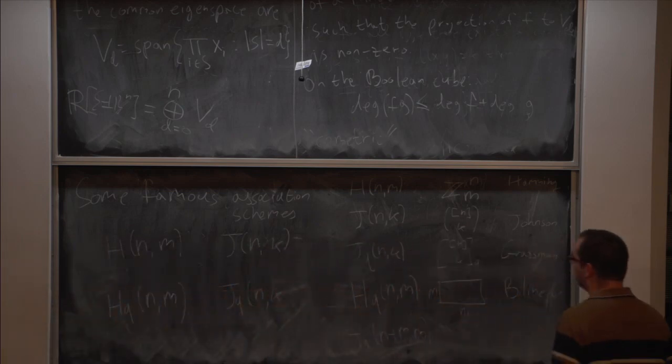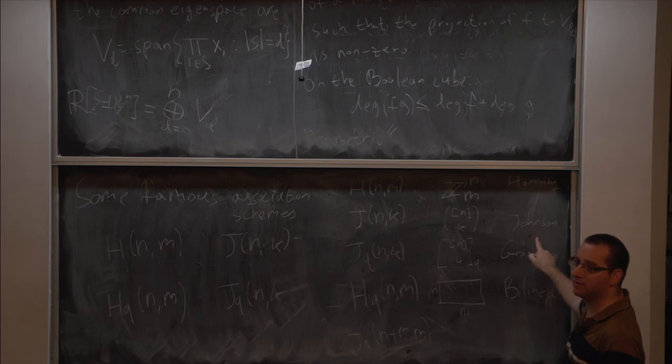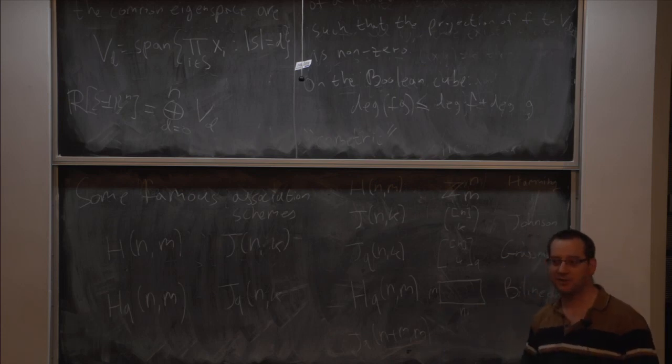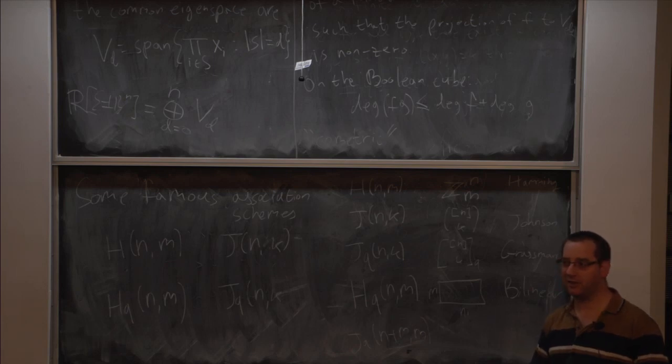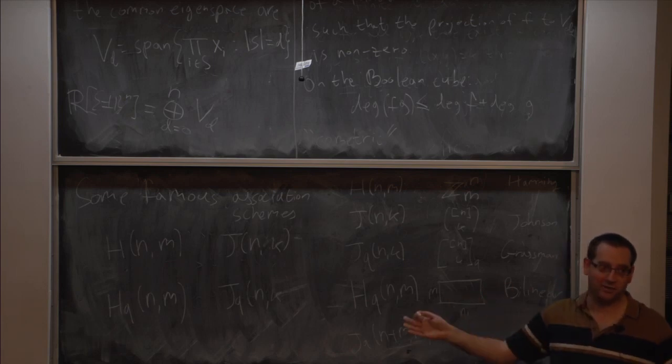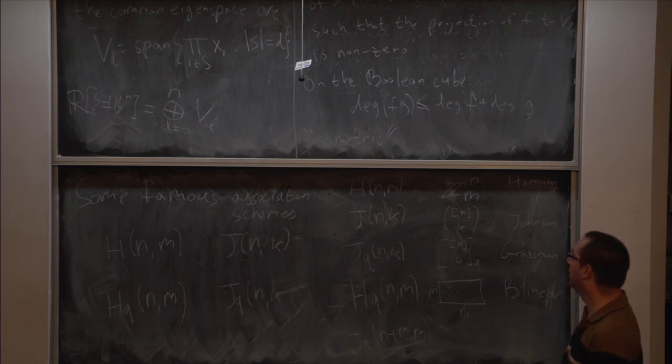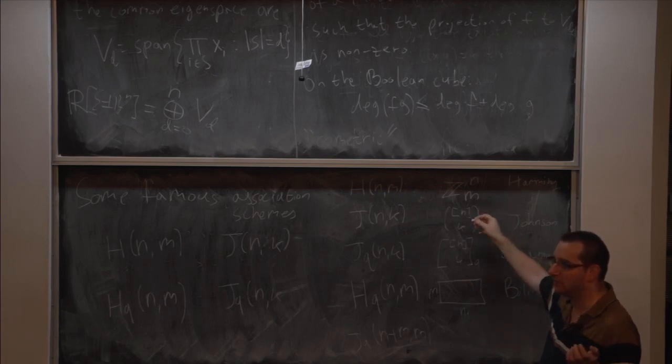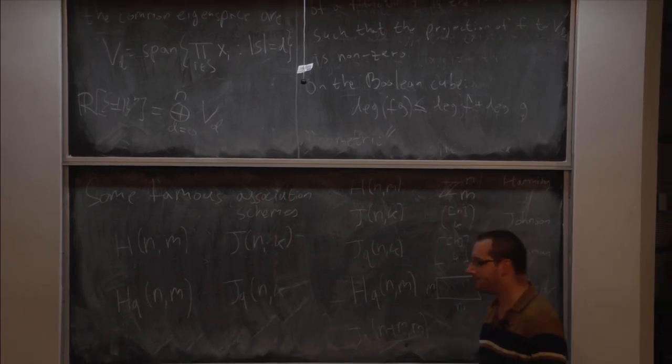Okay, so another way to construct, let's say, the Johnson scheme is you take the group S_n, and you look at its Young subgroup S_k times S_{n-k}, and you look at the collection of all, let's say, left cosets or right cosets, depending on whatever you prefer. And the points here are going to be isomorphic to the Johnson scheme.